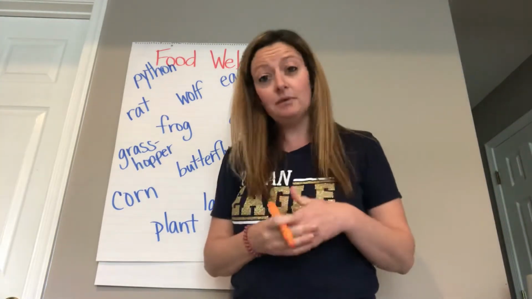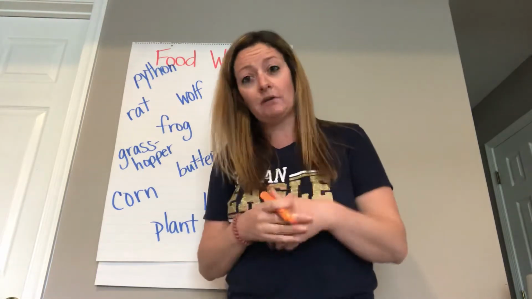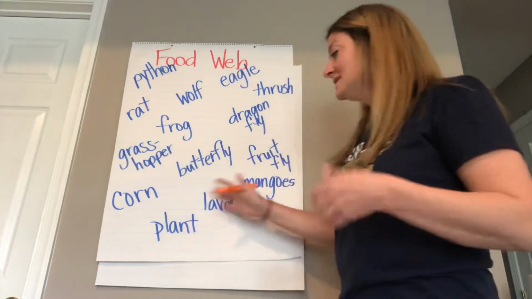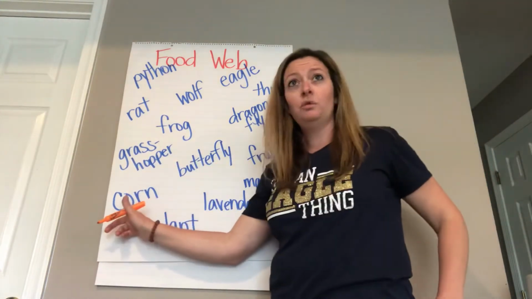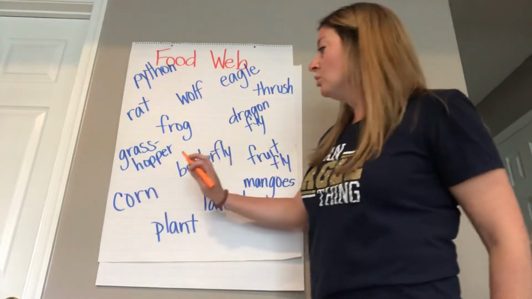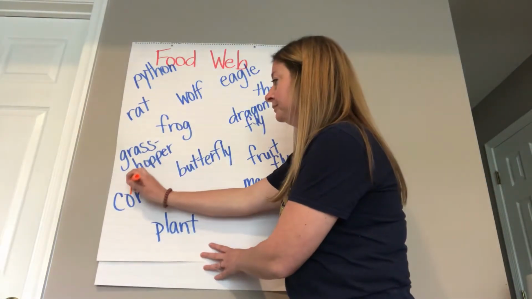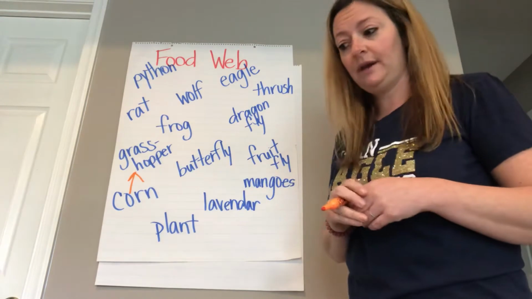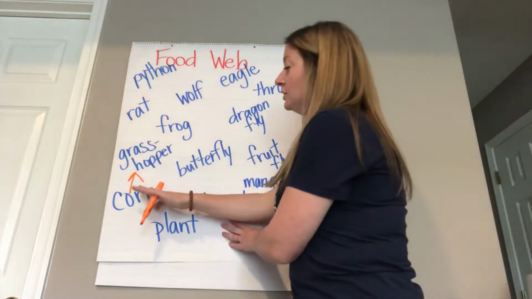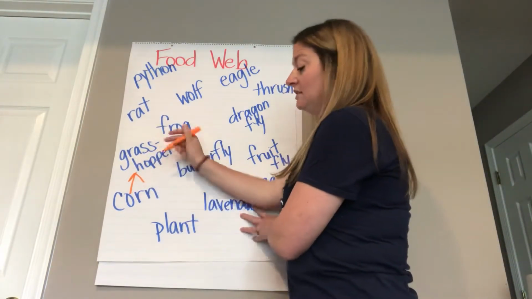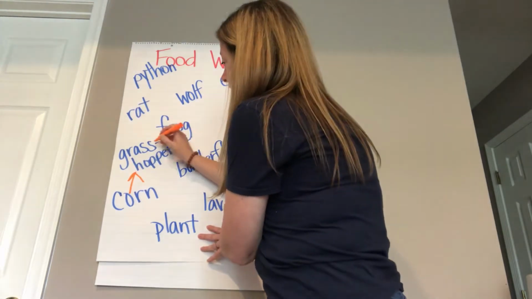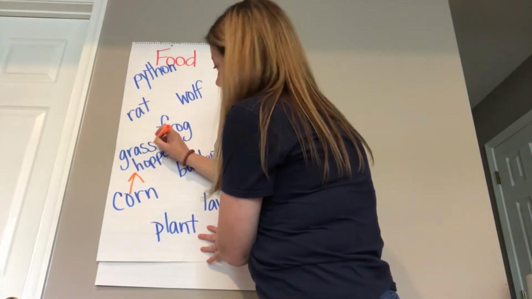Just like with a food chain, we have to draw the arrows inside the food web to show the transfer of energy. So let's take a look over here. Let's start down here with the corn, okay? The corn is going to get eaten by the grasshopper. So I'm going to draw my arrow there, okay? The grasshopper is going to get eaten by a frog.